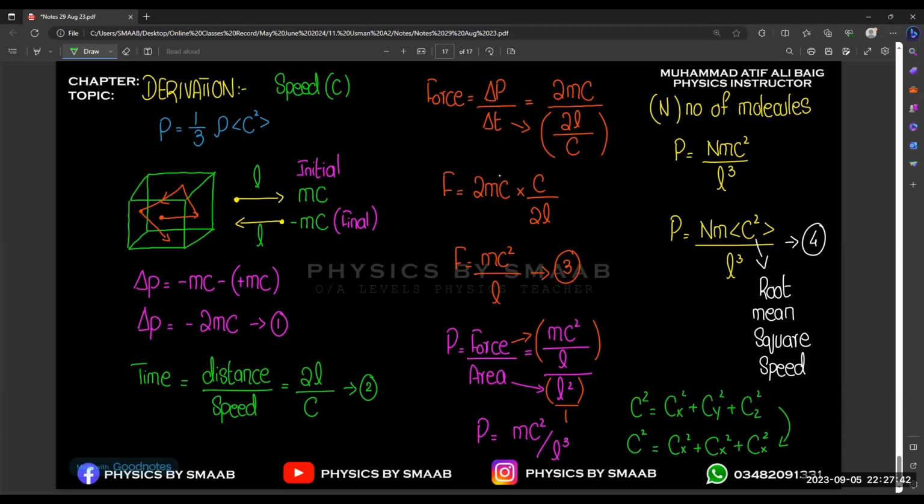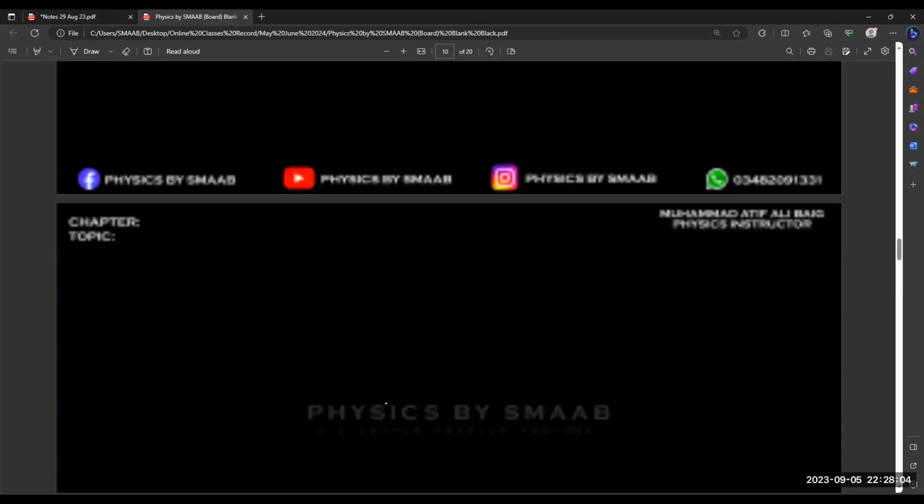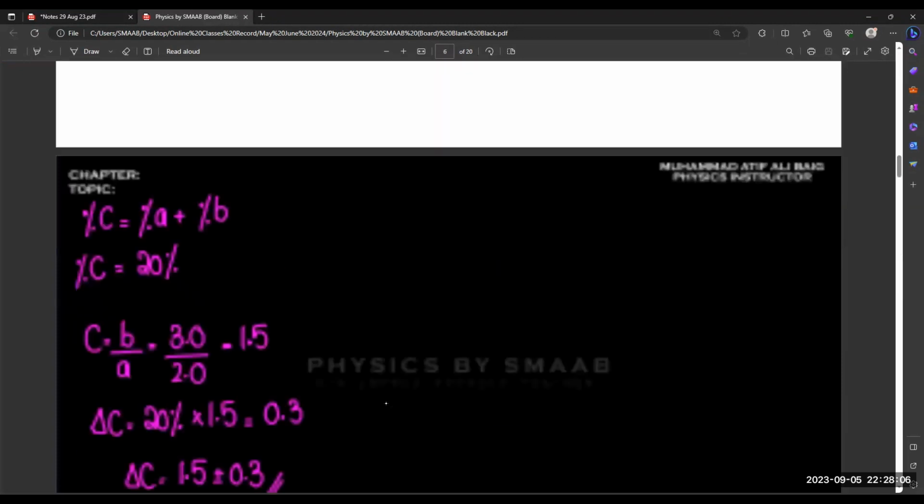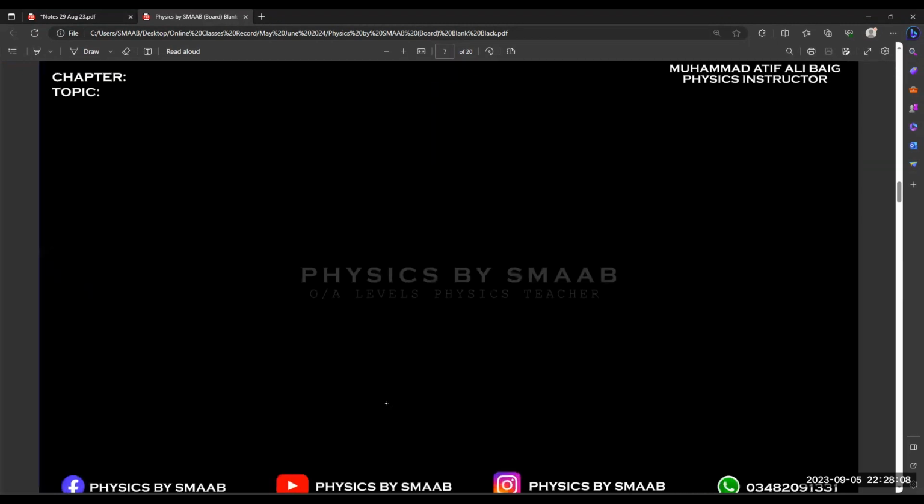Any confusion? No. Basically this derivation is slightly lengthy, but I try to minimize it into a simple form. It's step by step, so you will get the concept one by one, from which point we started and at what point we are ending.